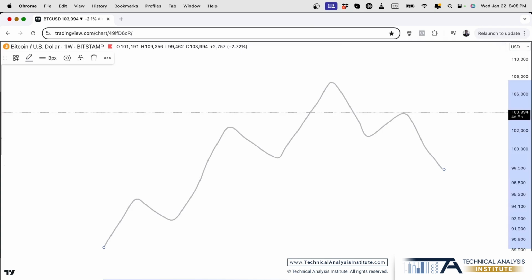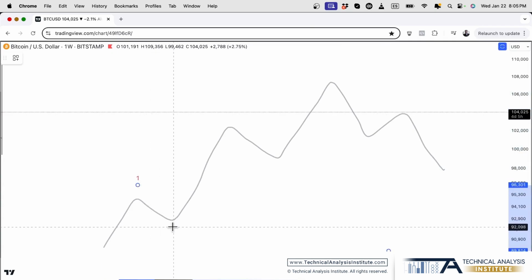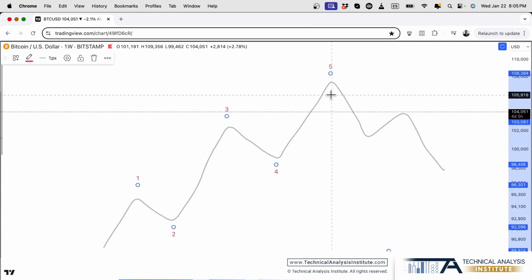Let me label this for you so you have a visual of this. You have wave 1, 2, 3, 4, and 5. So the ABC tends to go to the 4 of one lesser degree, as we say in Elliott wave.